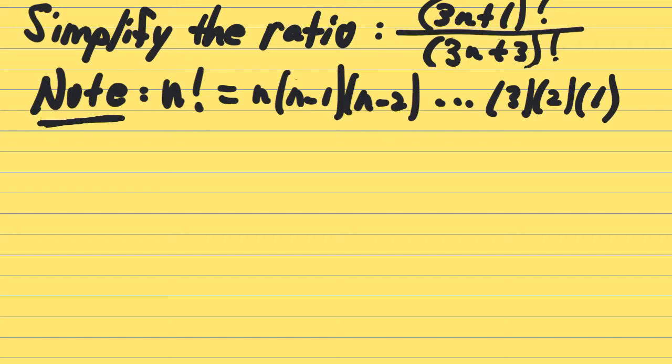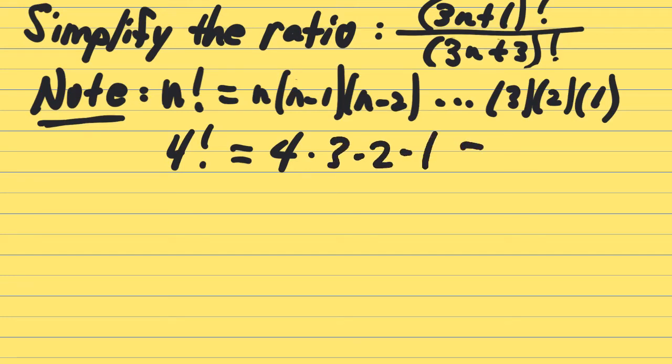If we were to do this with numbers, like, for example, 4 factorial, you start at the number, sequentially count down, and multiply as you go. So the 4 factorial would be 4 times 3 times 2 times 1. How much is that? That's right, 24.